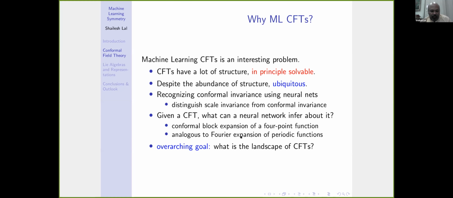You could have any value for those coefficients and your function would still be symmetric under your symmetry. This is somewhat similar to the conformal block expansion of a 4-point function, so I'll be talking about that. The overarching goal is to ask what the landscape of conformal field theories is like.